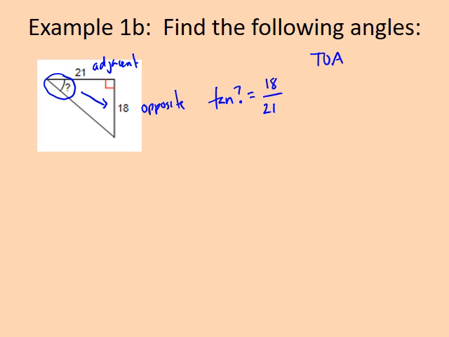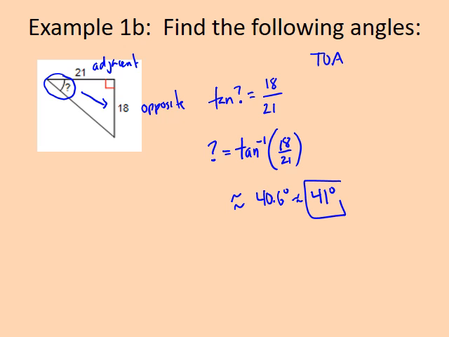But once again, we're looking for the angle. So when we look for the angle, we have to use the inverse trig function. So the tangent inverse of 18 divided by 21. So tangent inverse of 18 divided by 21 is 40.6, which we would round to 41 degrees.